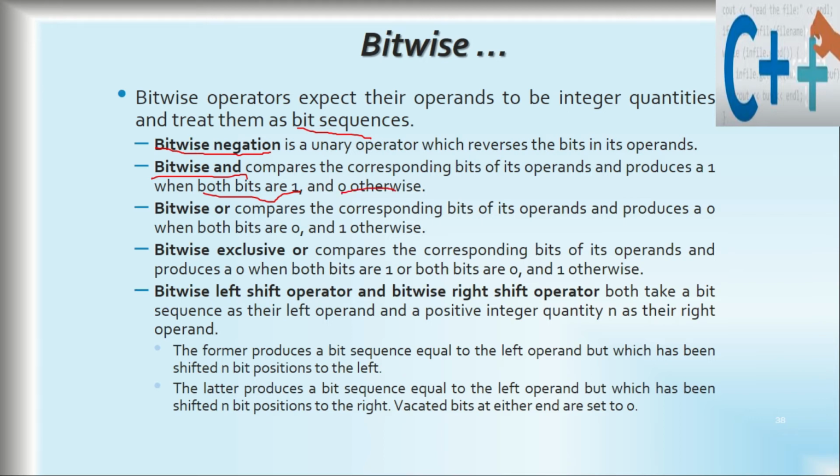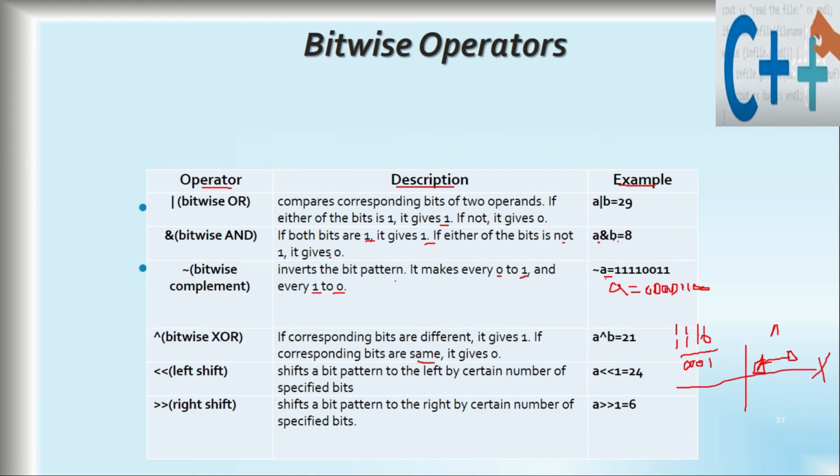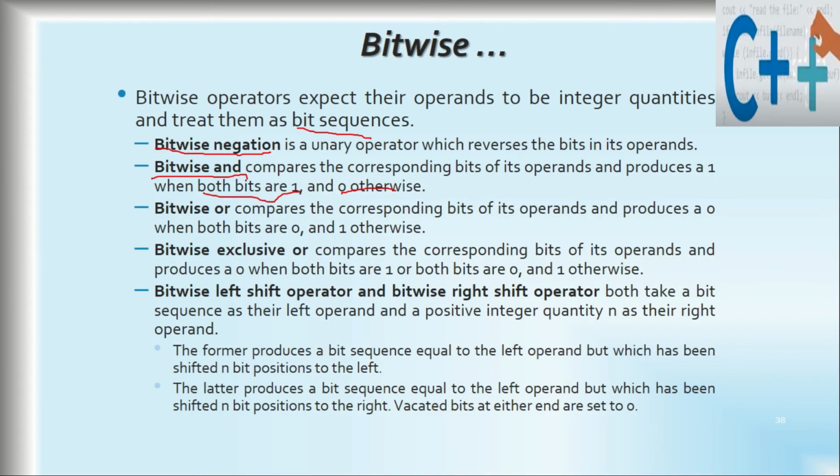Just as shown in the previous slide, 1 and 1 produces 1, 1 and 0 produces 0. This is the reverse of XOR.